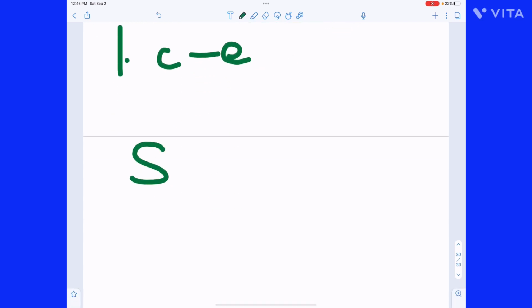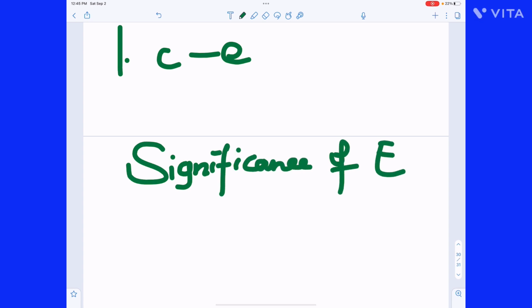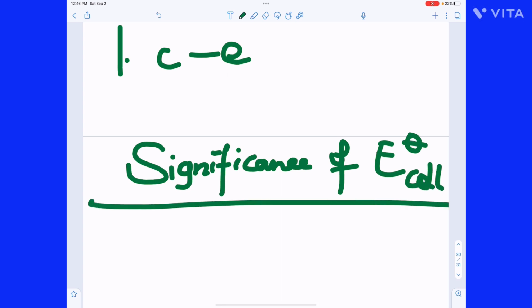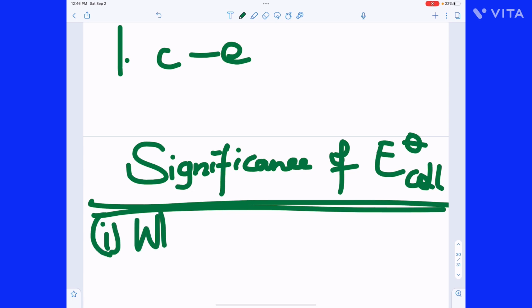Significance of E cell. You will see the significance of E cell is in its sign. It tells us whether a cell is possible in real life or not. You understand?